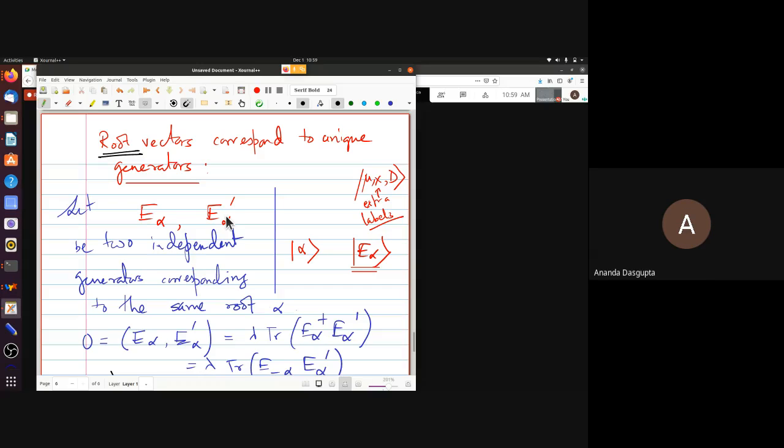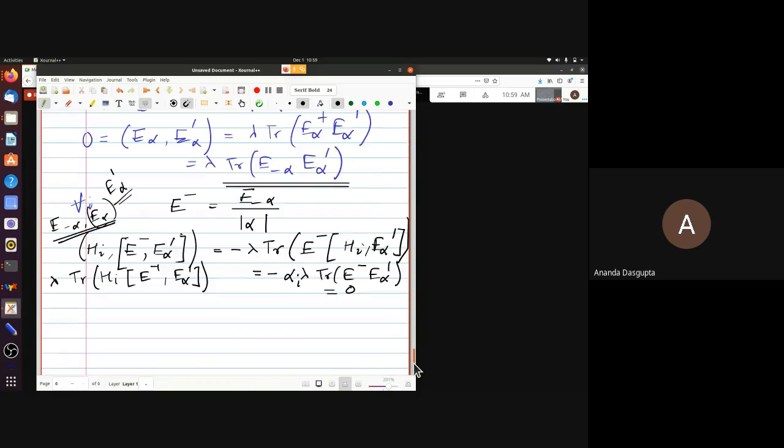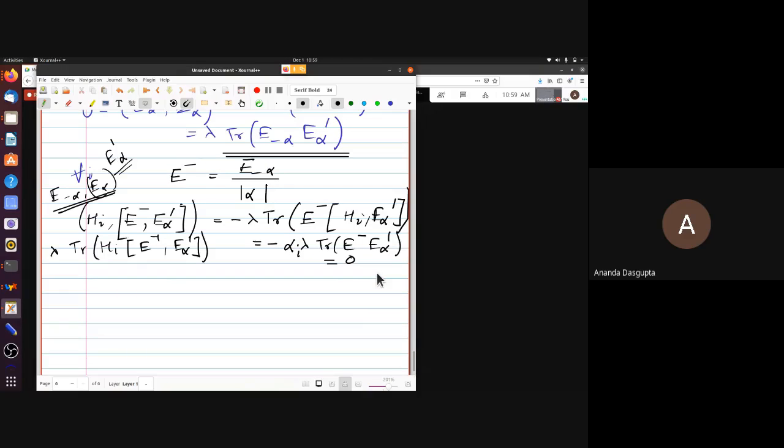But in order to prove that, we start by saying, okay, same alpha, but two different generators. Let's start with that. And because they are two independent generators, I can always orthogonalize them. I can start with this, and then you end up with this result. So it's not exactly the same as the one we did before. So this thing, what does it tell you about E minus E alpha prime?